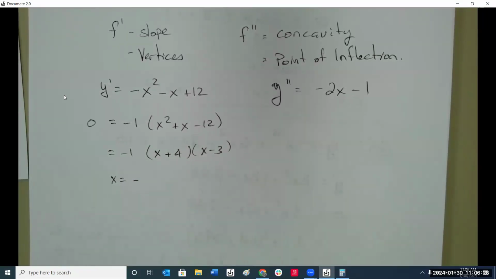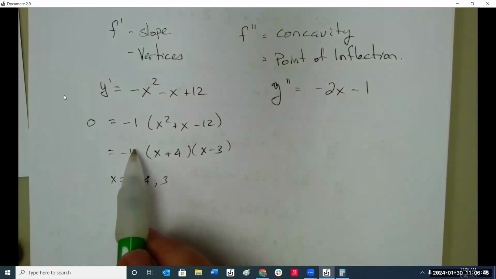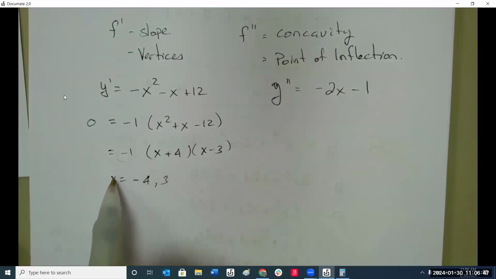So what are my vertices? Where are they at? The vertices are given by the locations of the critical points. You would think. But remember, we factor out a negative. You have to distribute. Yeah, so it's gonna change their signs, won't it?